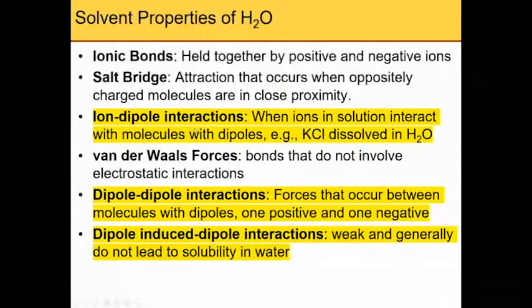So the ionic bond is held by positive and negative ions. The salt bridge is the attraction that occurs when oppositely charged molecules are in close proximity. The ion-dipole interaction is when an ion in solution interacts with a molecule with a dipole.